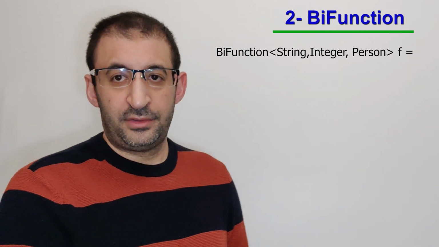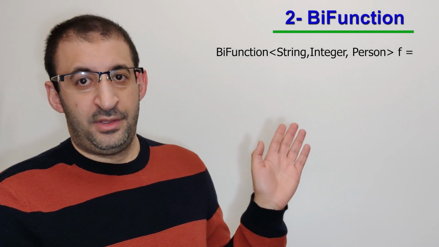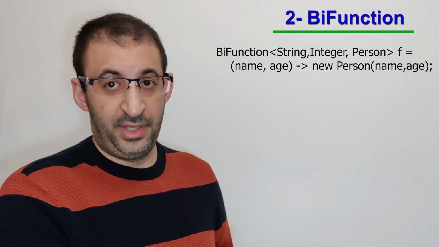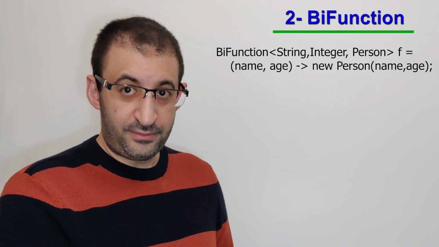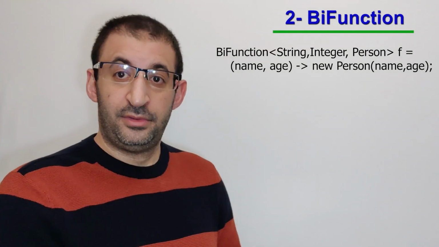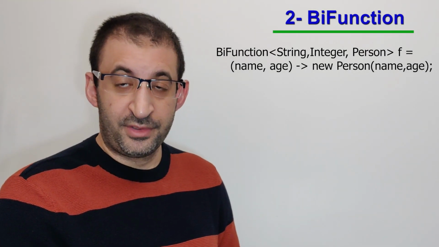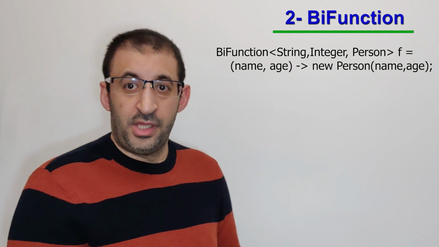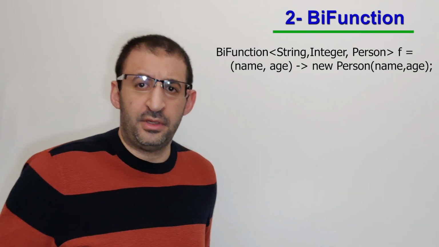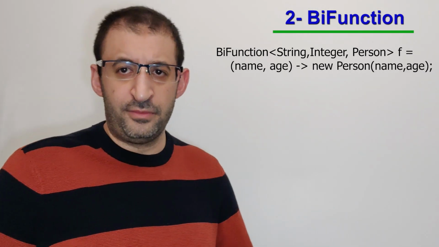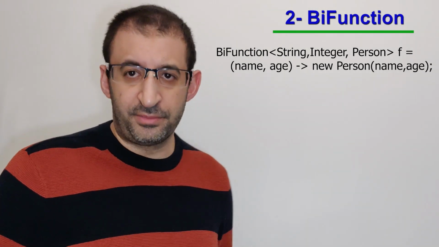bf equals, open parenthesis, name and age, arrow, new Person with name and age. Now each time I call this BiFunction, I can add the person to a list, for example.